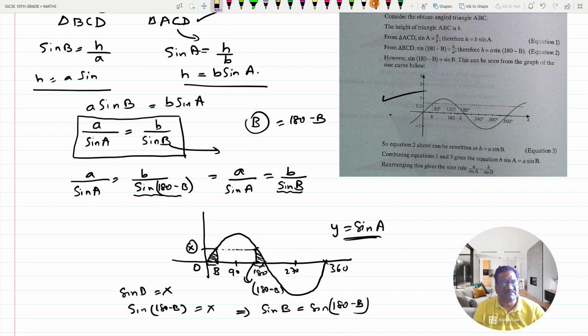Okay, this B is not actually this B, in triangle BCD.